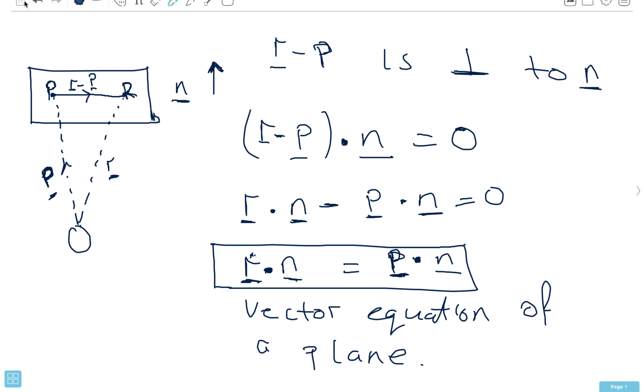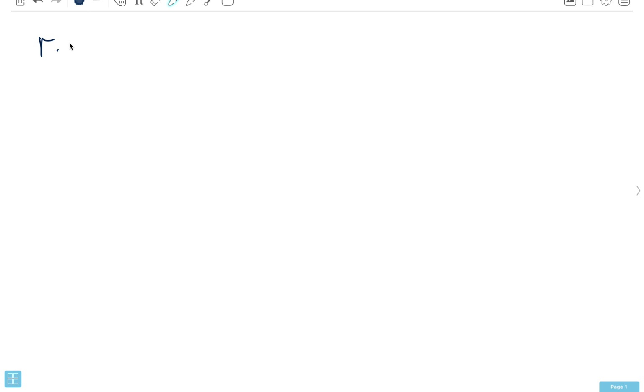So if I go to the clear all pages, so we have r dot n is equal to p dot n. Now remember, these are position vectors. If n was a free vector, then we won't be able to do what we're about to do.